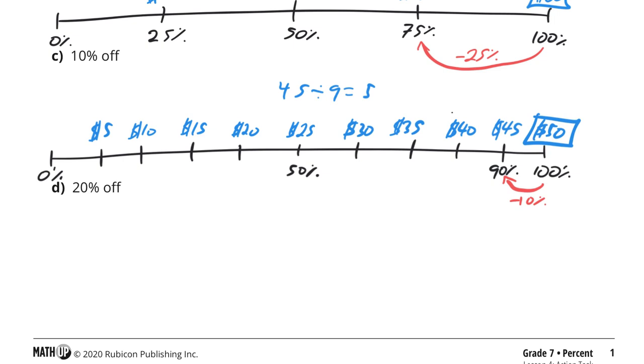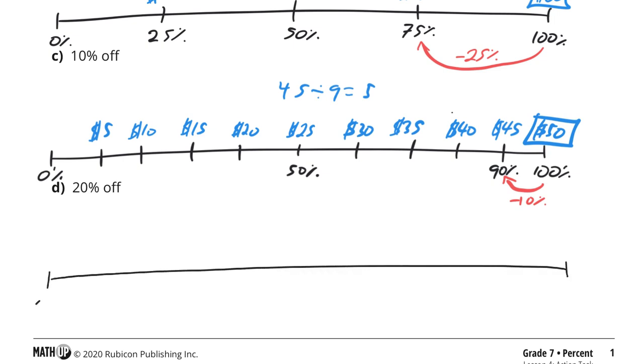For this last one, I'm going to show you a slightly different way. The way that we've been doing it would work for this one as well, but I'll show you a different one that would work for any of them. So I'm going to start with 100% and 0% here.